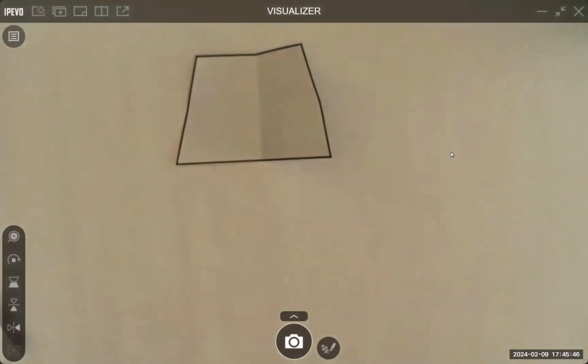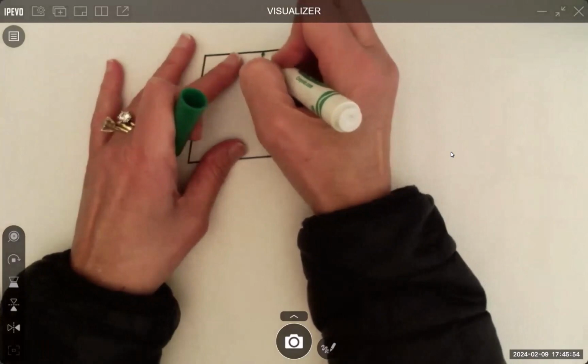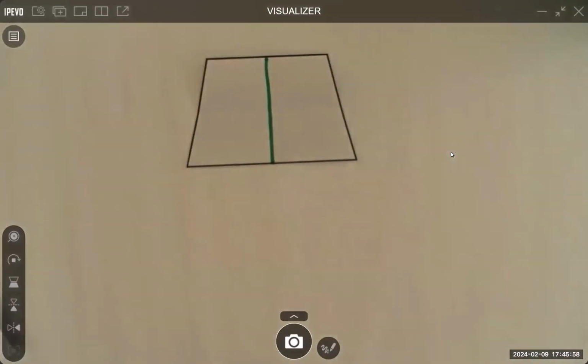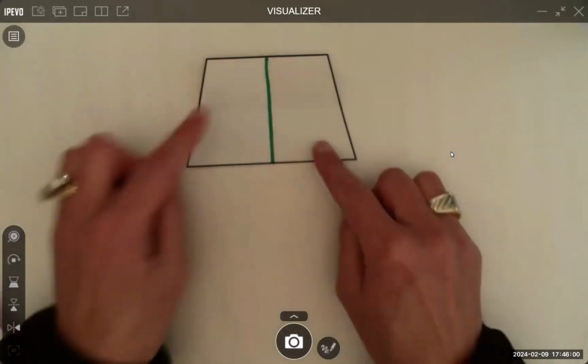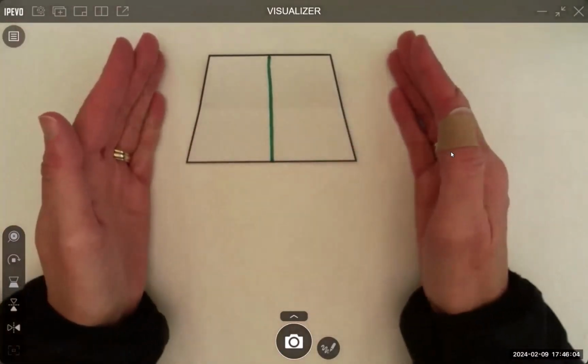So what we have discovered is that a trapezoid has a line of symmetry this way when it's folded vertically, when the trapezoid is oriented in this direction.